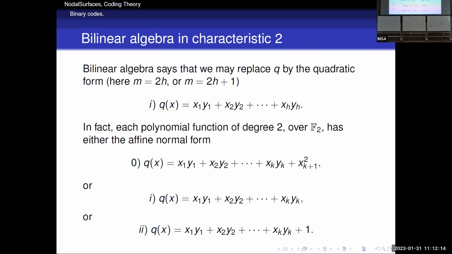Anyhow, this is not relevant, but it's interesting. Everything boils down to linear algebra over the field with 2 elements, where you have the concept of elliptic and hyperbolic quartics.